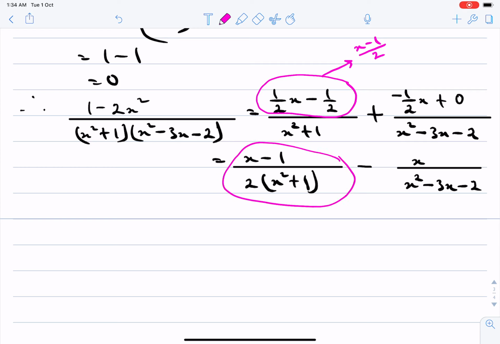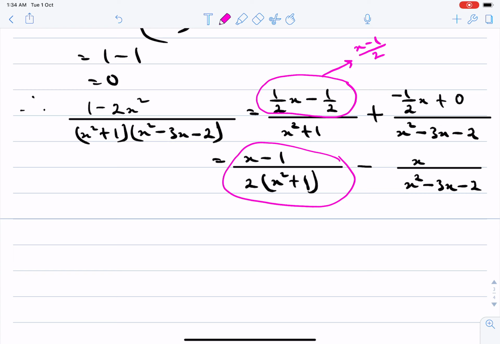So that's it. That's the final answer. 1 minus 2x squared over x squared plus 1 times x squared minus 3x minus 2 is the same as x minus 1 over 2 times x squared plus 1 minus x over x squared minus 3x minus 2.